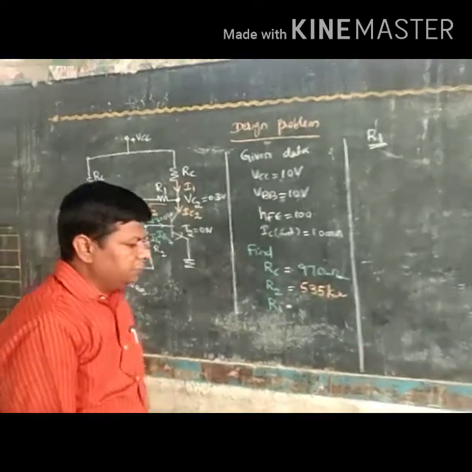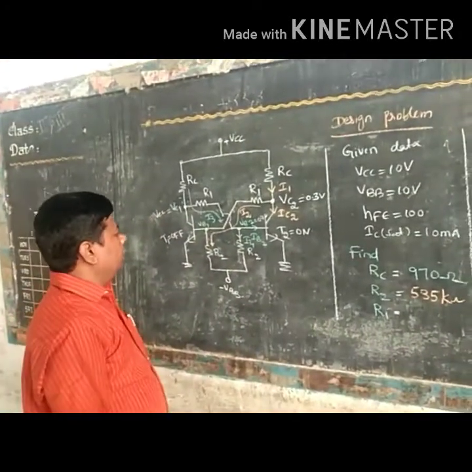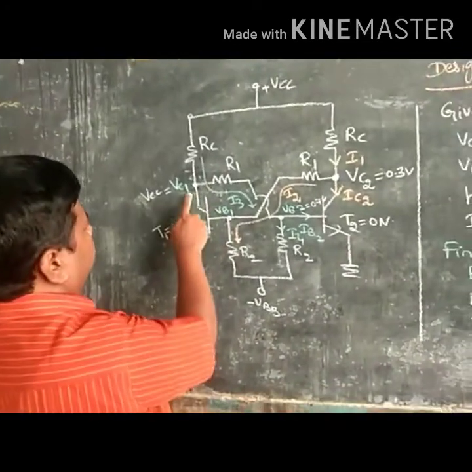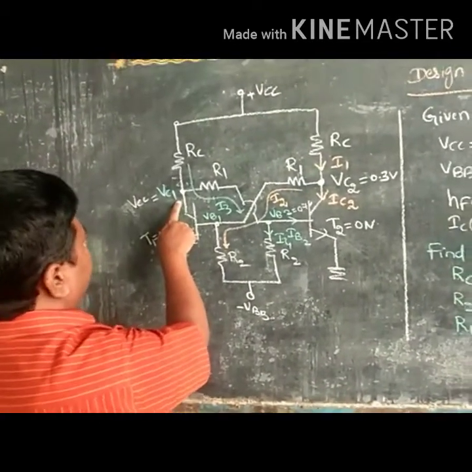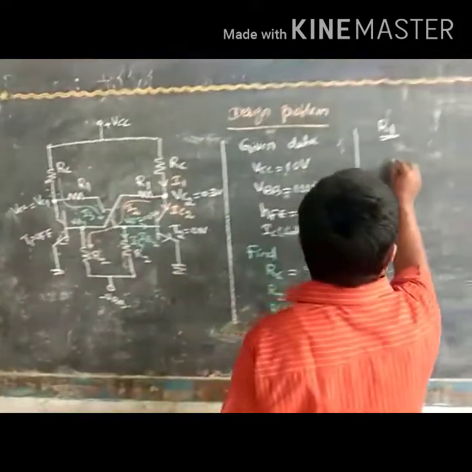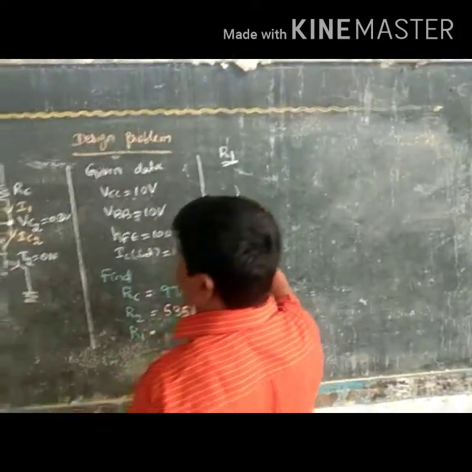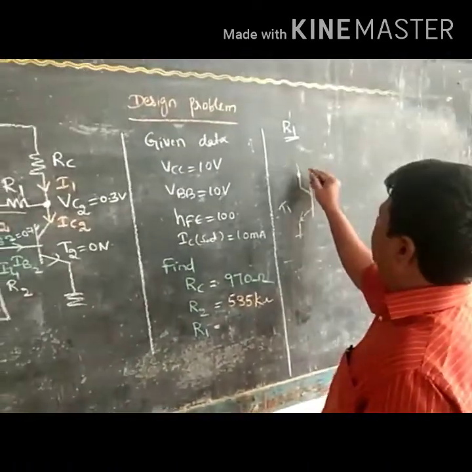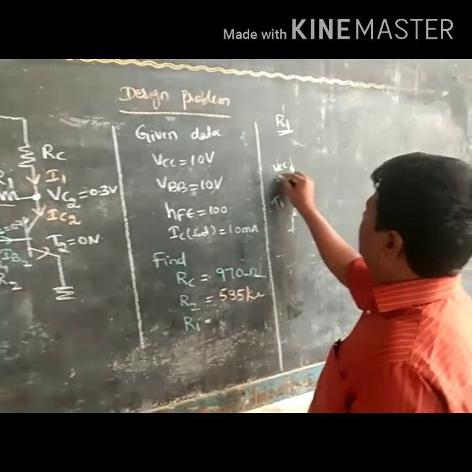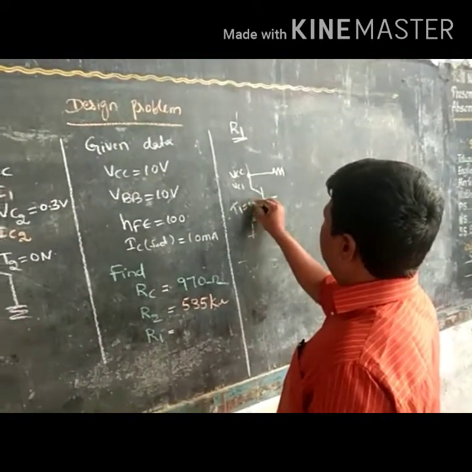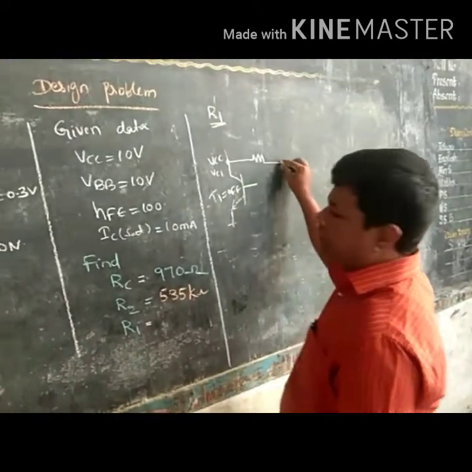Now last one, resistor R1. Okay, observe this branch. T1 off, its collector voltage VC1 is equal to VCC.